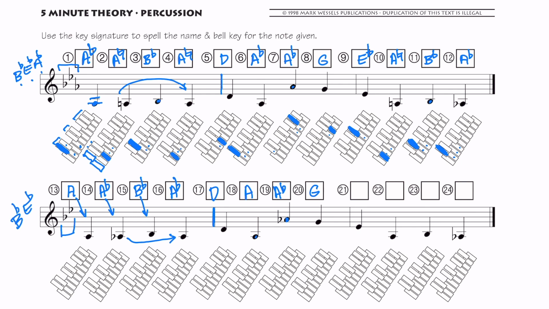G, E, key signature is E flat. Here's an A. Got past the bar line, so this cancels out that flat that was before. A is A natural. B is B flat. Here's a low A, but with a flat sign is A flat.